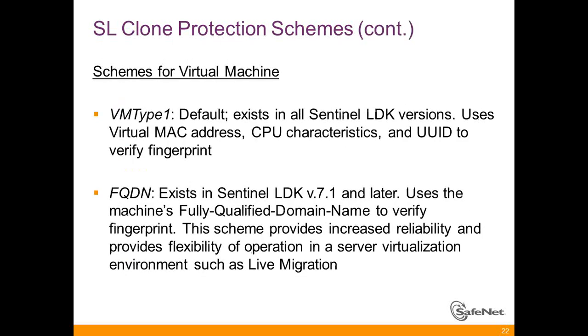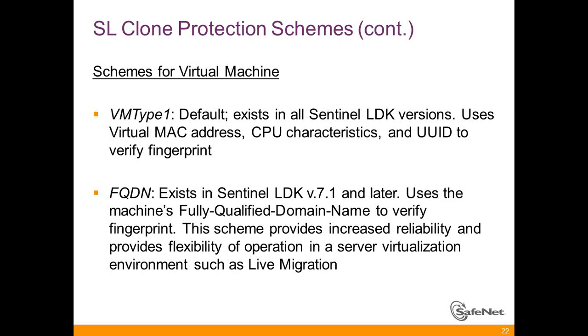Let's continue now with schemes for virtual machines. The first one is PMType1, which is the default. As we talked about until now, there is a usage of virtual MAC address, CPU, and UUID. And if only one of them is changed, the machine is considered cloned. So the ISV can still use the normal behavior.